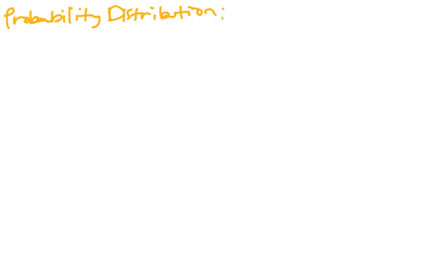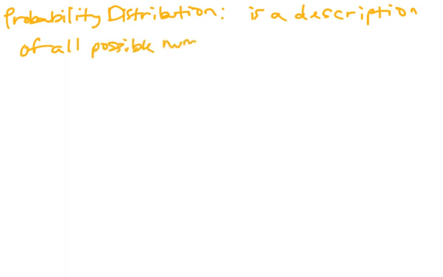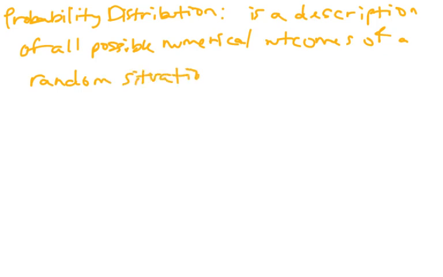A probability distribution is a description of all possible numerical outcomes of a random situation.